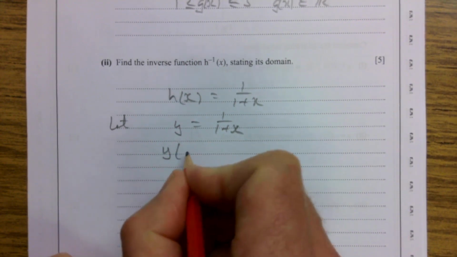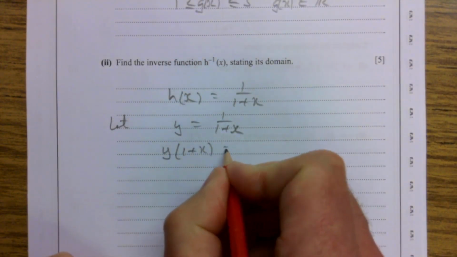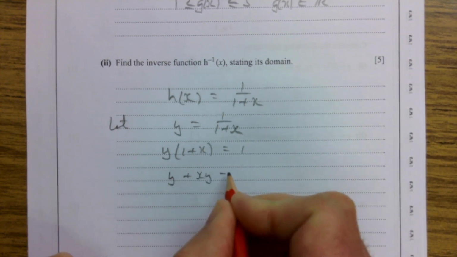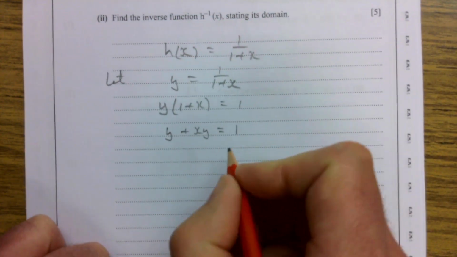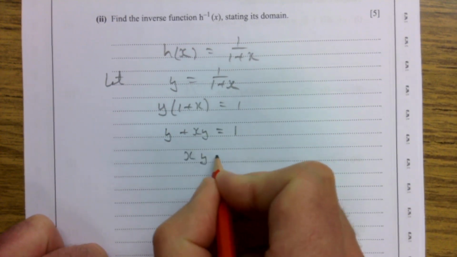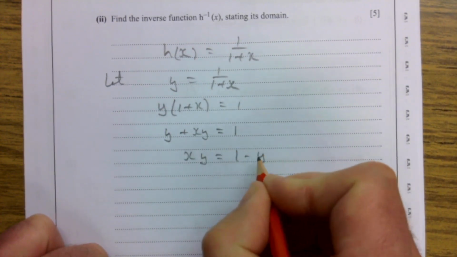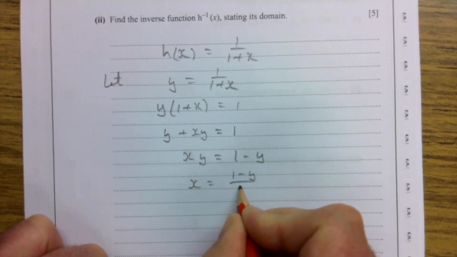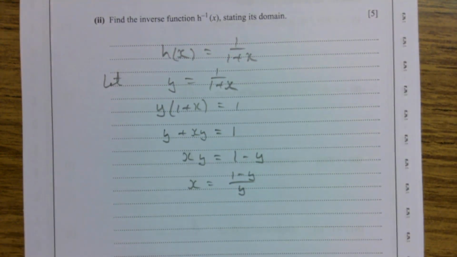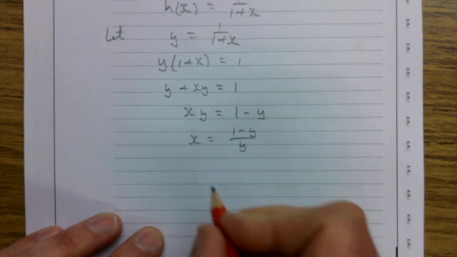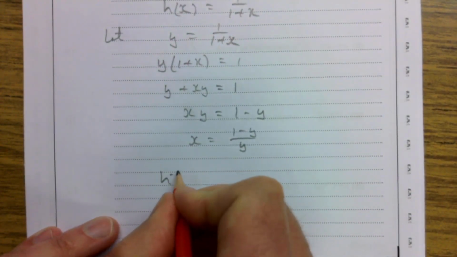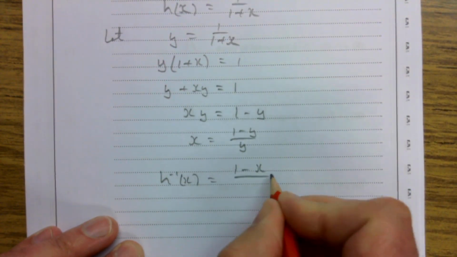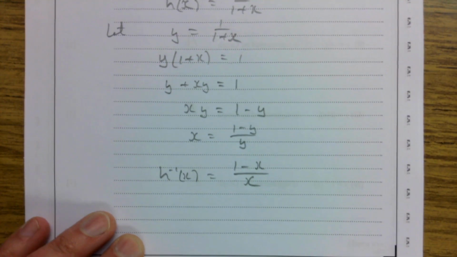So y times (1 plus x) is 1, y plus xy is 1, xy is 1 minus y, and then x is 1 minus y all over y. So my inverse function, h to the minus 1 of x, is going to be 1 minus x all over x.